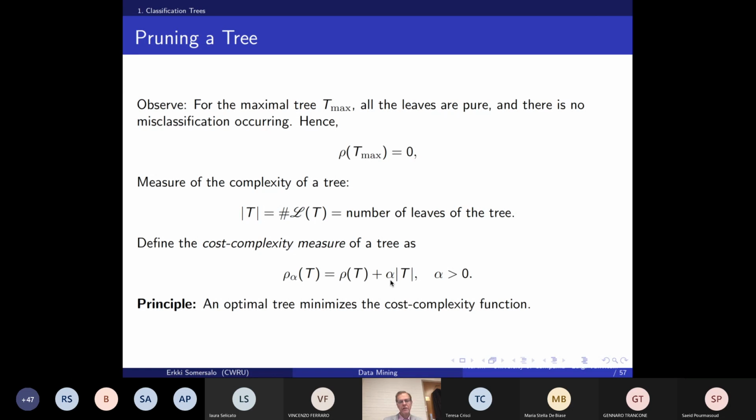So that's the strategy. We need to find a way to choose some discrete values of alpha so that we can choose, among the possible values of alpha, the tree that does the best job with some independent test data that we are going to apply this classifier tree to.